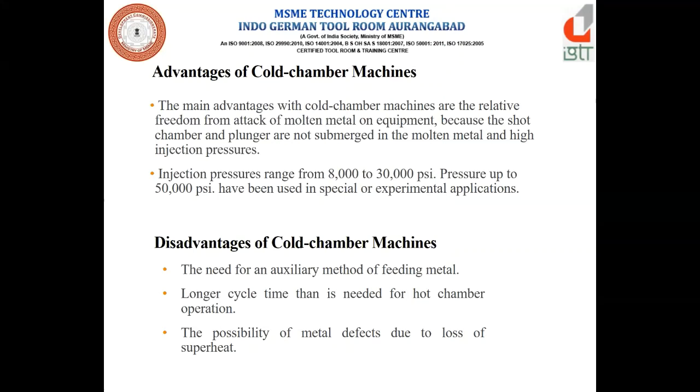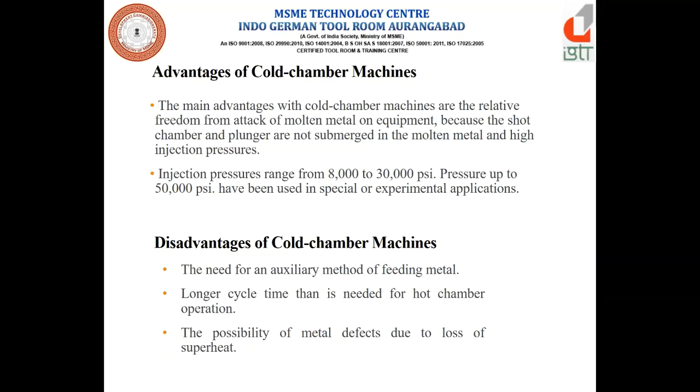So now let us discuss the advantages of the cold chamber machine. The main advantage is that we have freedom from attack of molten metal on the equipment, because our shot chamber and plunger are not submerged in molten metal, and high injection pressure can be used.